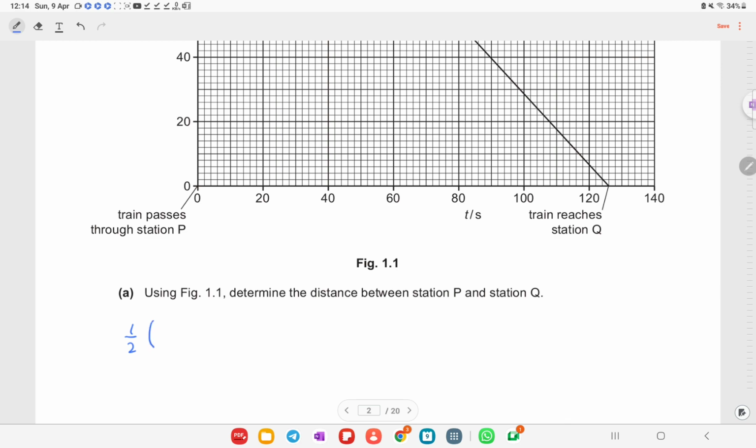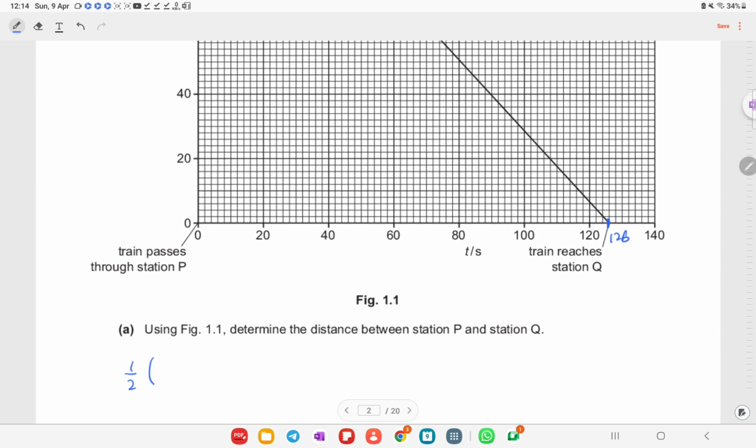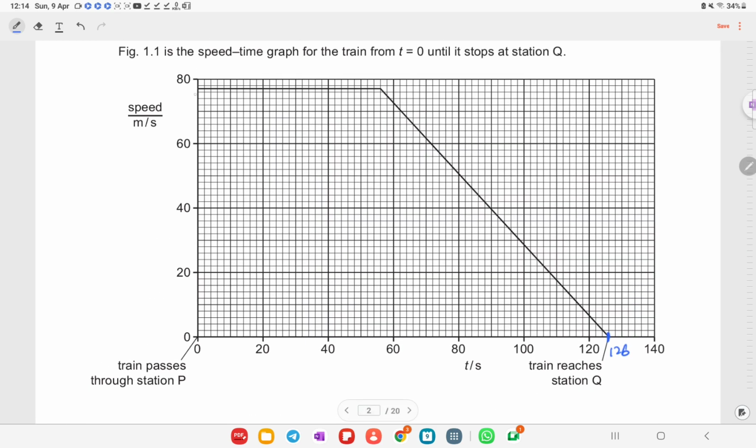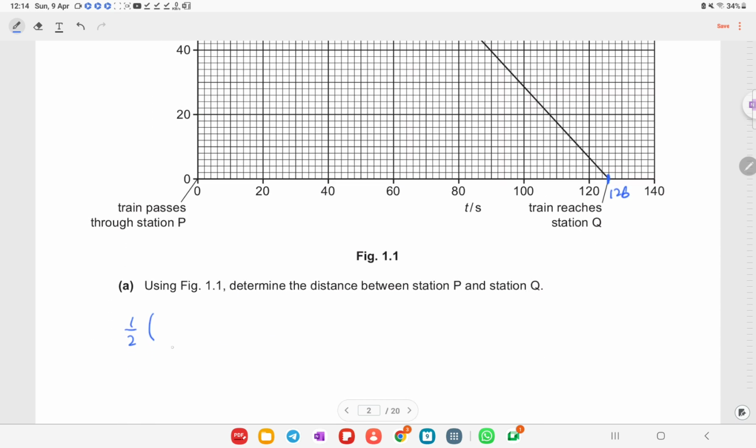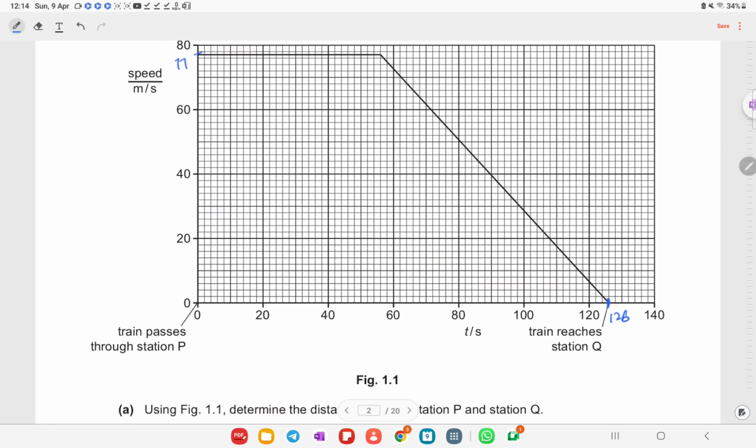This is going to be 126, and this is going to be 20, 40, 60, around 77. Now I need to find the other parallel side, and this is going to be around 56.